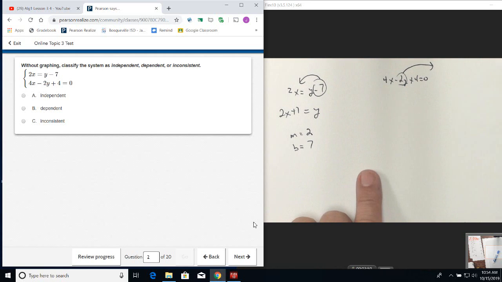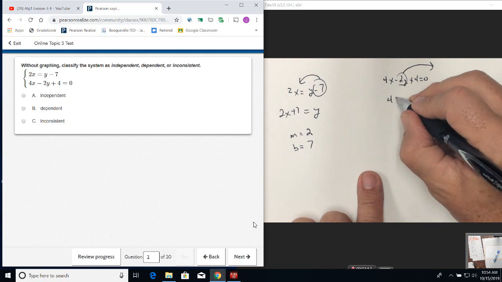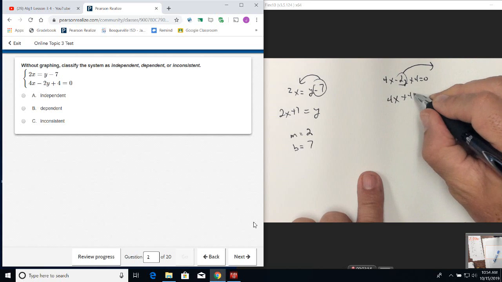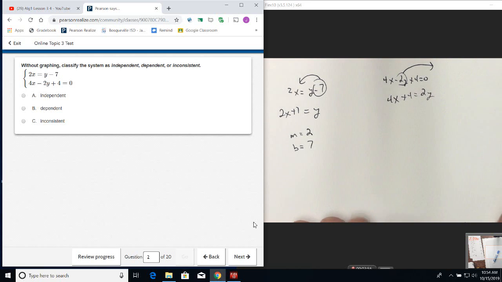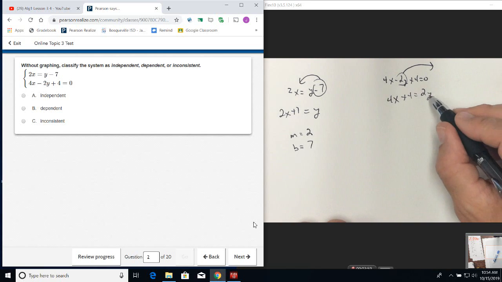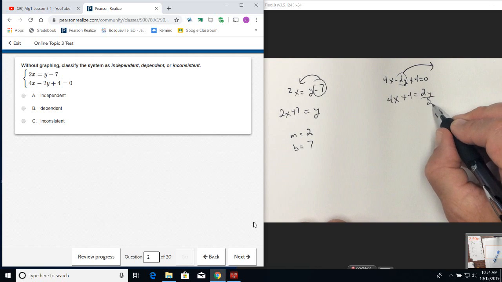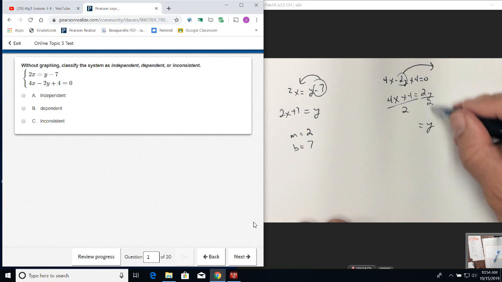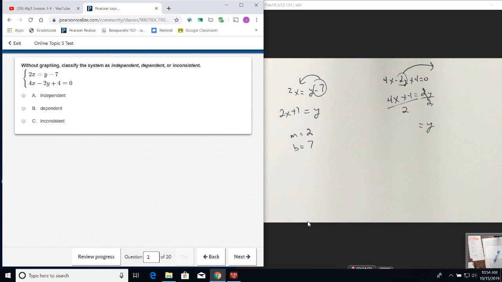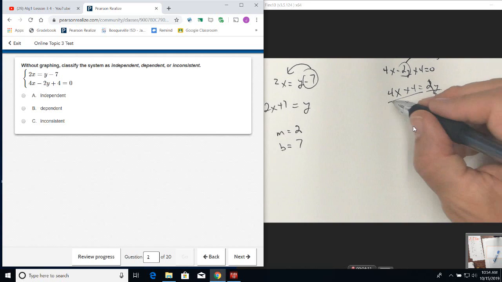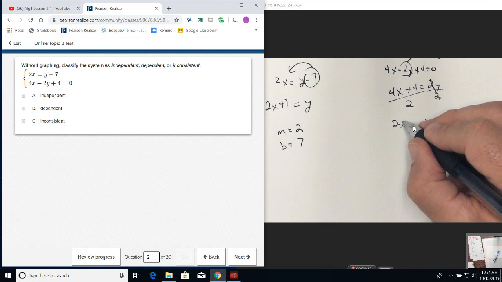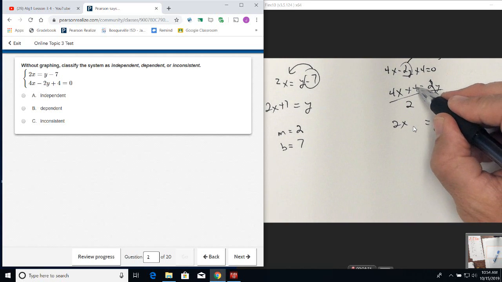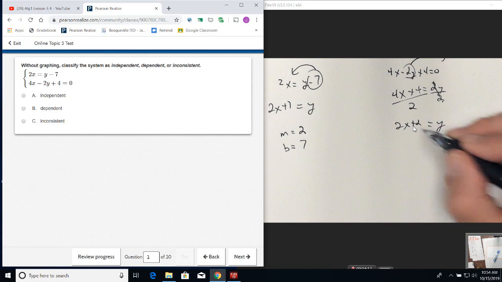So just move the 2 to the other side, and that would leave me with 4x plus 4 is equal to a positive 2y. Now, to get the y by itself, I just divide by 2. Divide by 2. So y, because 2 divided by 2 is 1, 1 times x is x, so y would be equal to 4 divided by 2 is 2. And then this positive 4 divided by 2 is a positive 2.